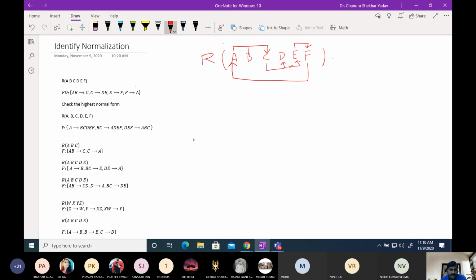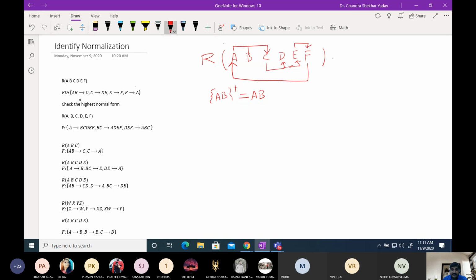Yes, sir. The closure of B is only B. So alone B cannot determine all the attributes. But if we find the closure of AB, then AB determines AB.